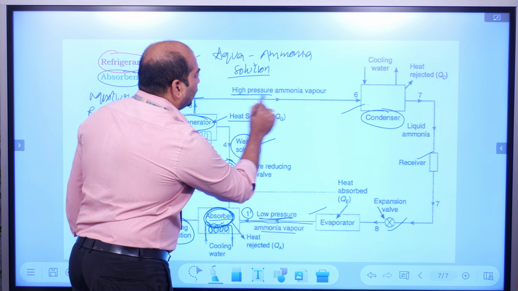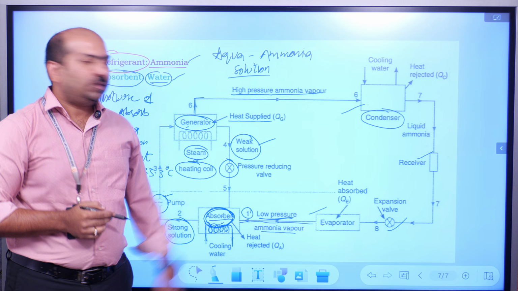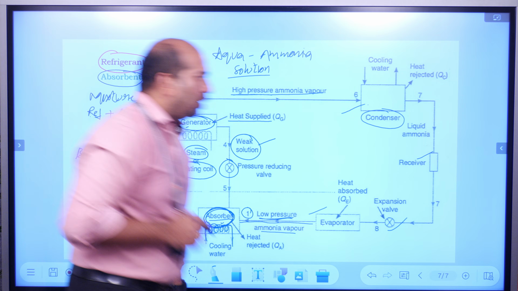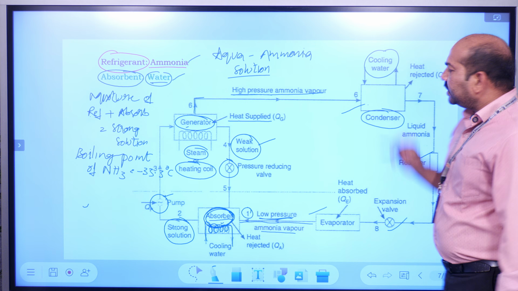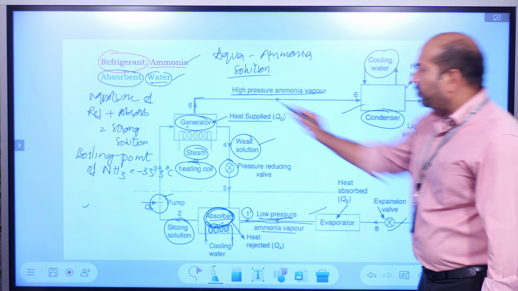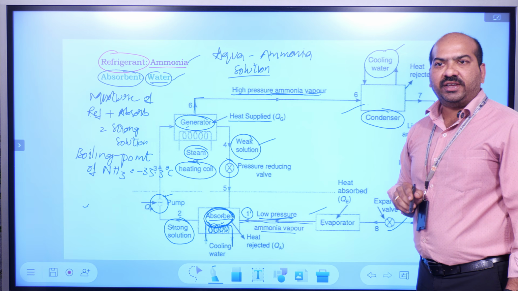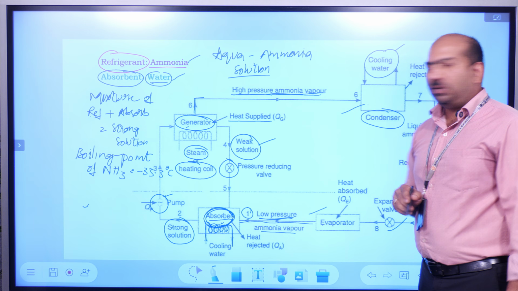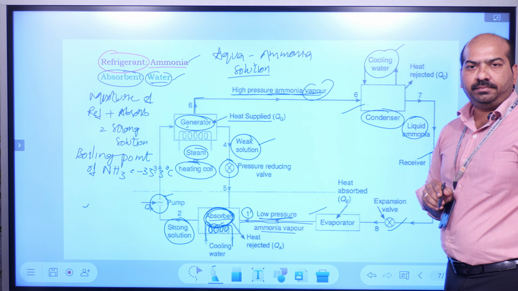This high pressure ammonia vapor is sent to the condenser, where you supply cooling water. Inside the condenser, heat exchange takes place between the high pressure ammonia vapors and the incoming cooling water, and phase transformation occurs. The vapor is converted into liquid ammonia.